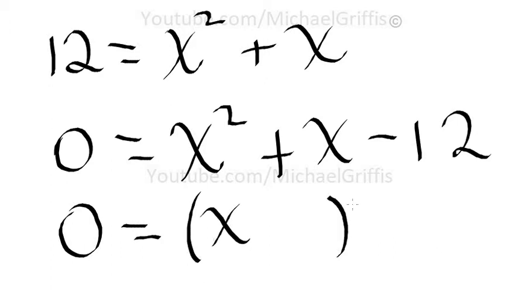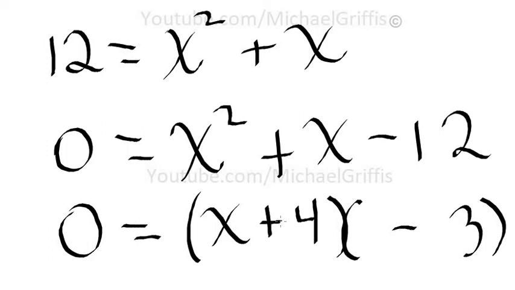What two numbers, that when we multiply them together we get negative 12, we add them, we get a positive 1? What about 4 and 3? Now we need to make that negative and make that positive, right? 4 times negative 3 is negative 12. 4 minus 3 is 1. There you go.